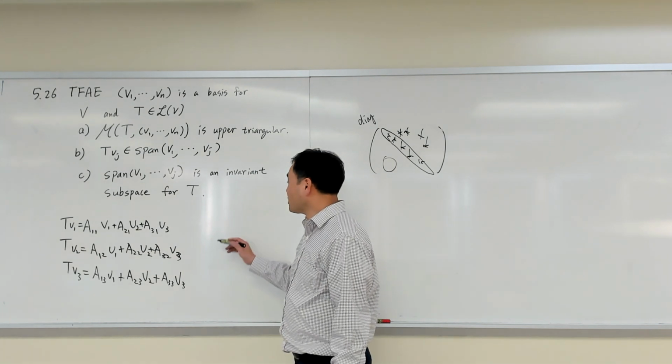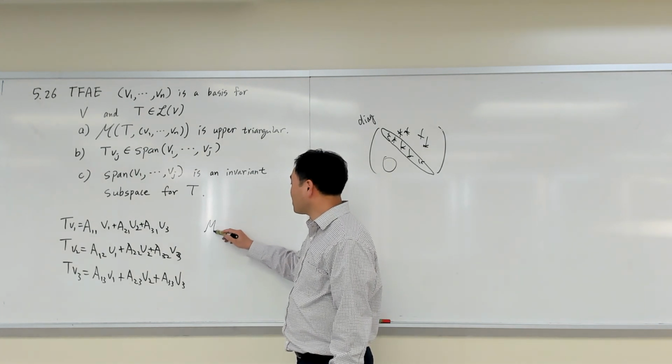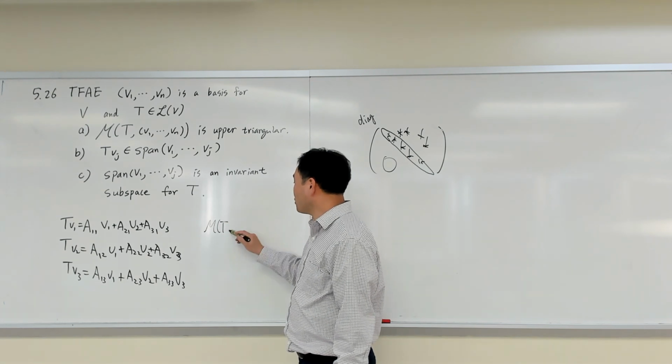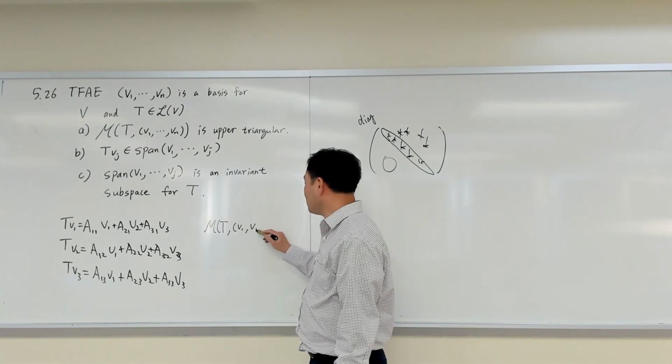If that's the case, then what's the matrix of T with respect to v1, v2, v3?